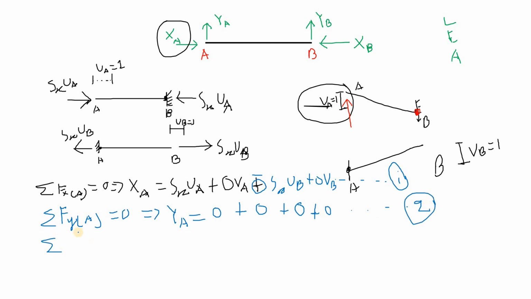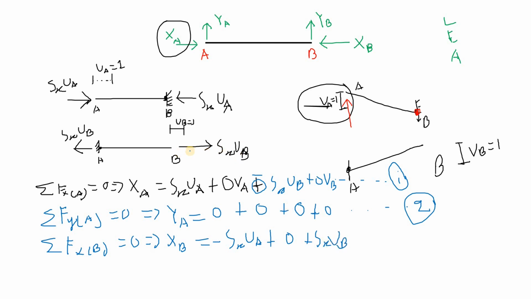Now moving on to equation 3, which is Fx at the B joint. So this is 0. Here we have XB, and since this is the B joint, we have negative SxUA minus SxUA, then plus 0, then plus SxUB.